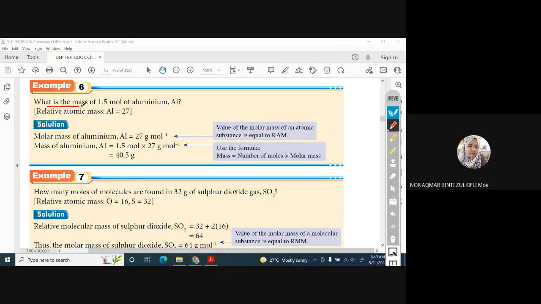What is the mass of 1.5 mole of aluminium? In the exam, the relative atomic mass will definitely be given. So since the formula is mole equal to mass over molar mass.